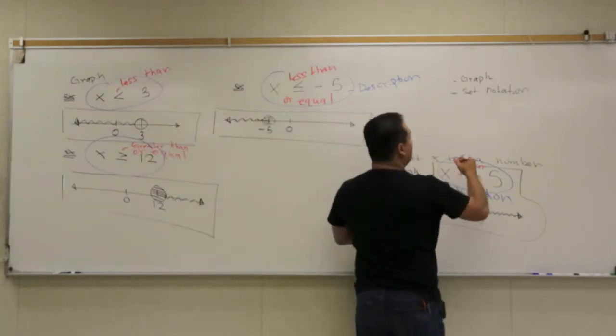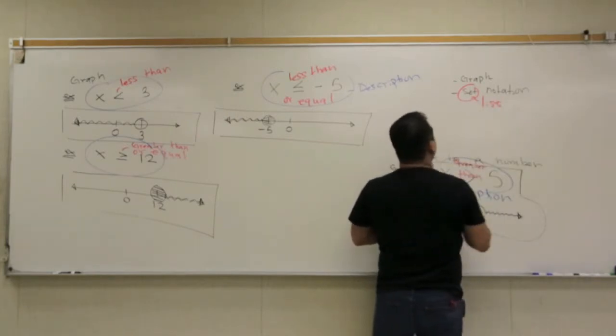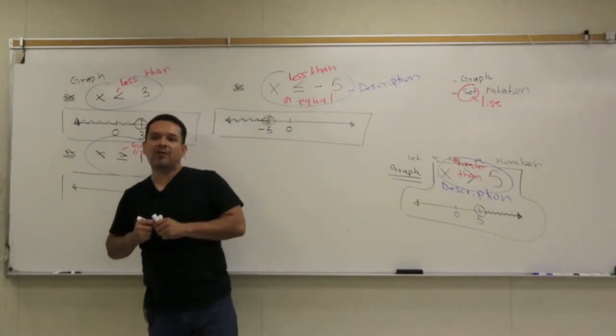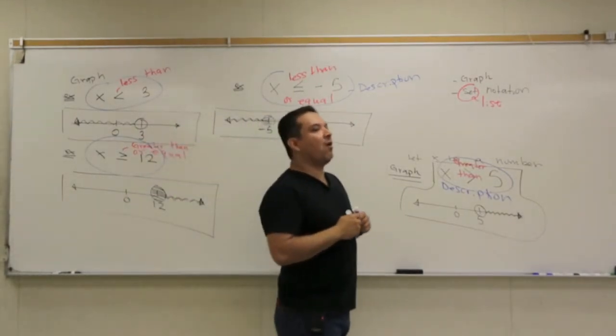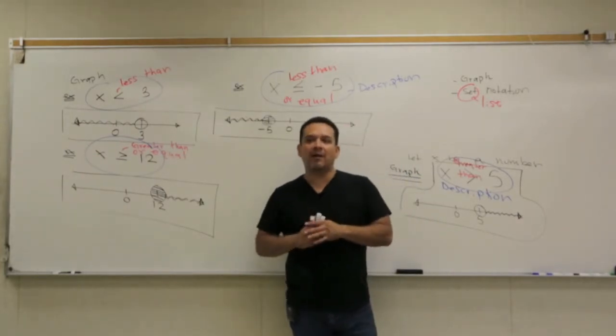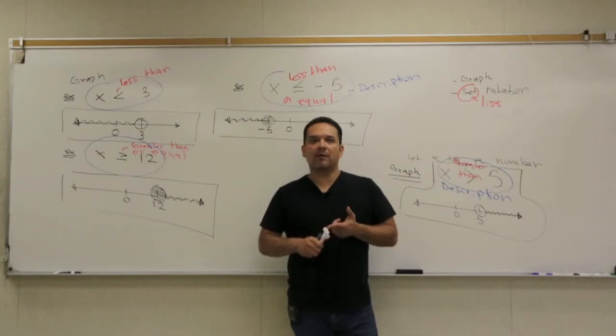Good. A set is a list. So when we list things in math, we call that a set. We have a set. You guys have made lists in your life. What kind of lists have you made? Grocery list? Right, what kind of things do you put on your grocery list?